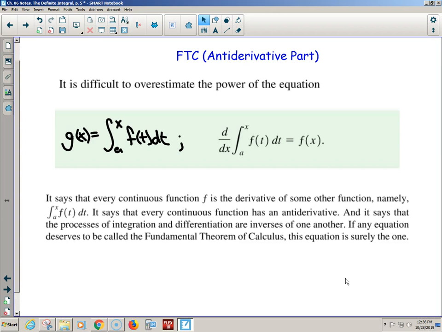The two statements above say that every continuous function f is the derivative of some other function, the accumulator. It says that every continuous function has an antiderivative, and that the processes of integration and differentiation are inverses of each other. If any equation deserves to be called a fundamental theorem of calculus, this one is truly the one.